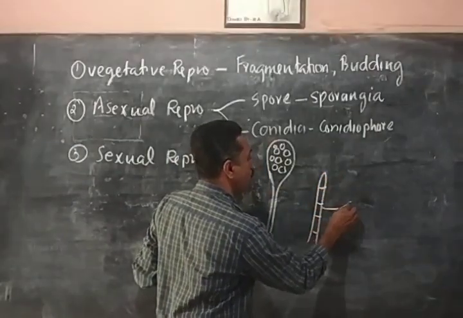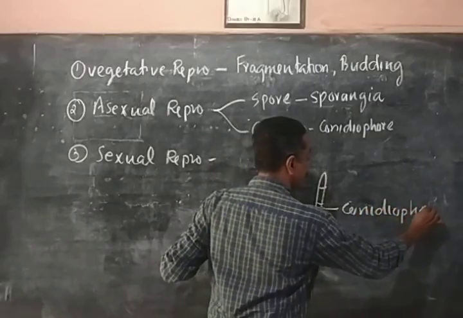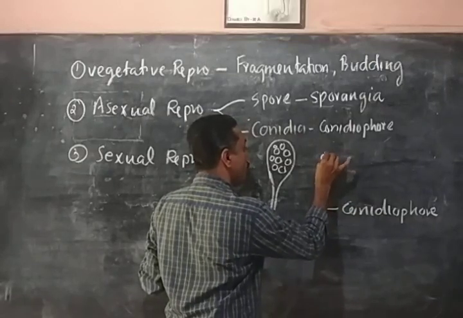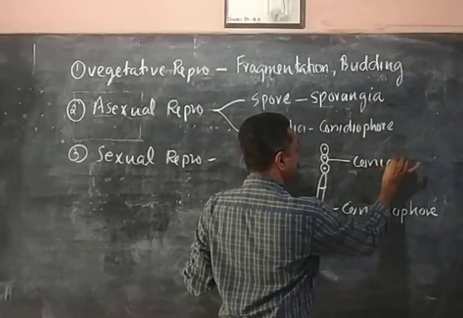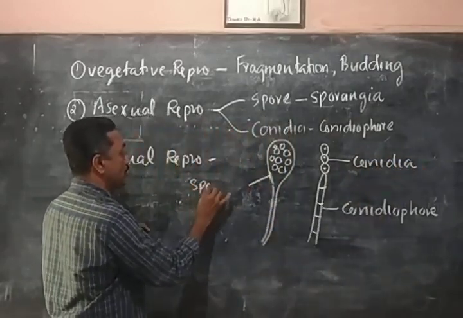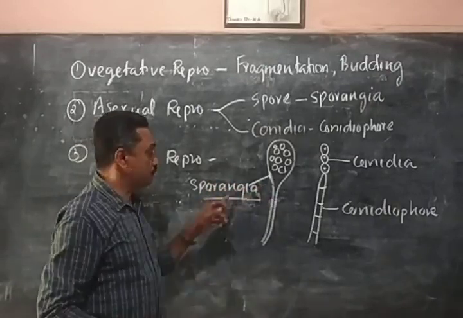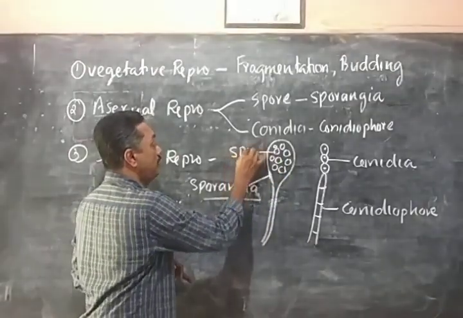These structures are called conidiophore, and on that small structures are formed called conidia. And this balloon-like structure is called sporangia. If you have taken all the diagrams, inside the sporangia, spores are there. These minute structures are called spores.